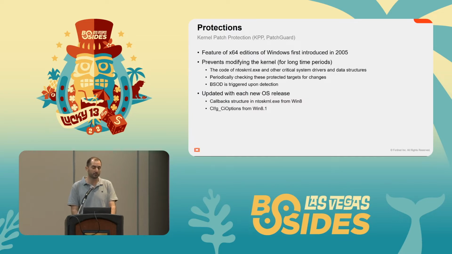Once it detects some change, it will cause a blue screen, and that will make the system stop. But with every new release of Windows, it's being improved. And from Windows 8, it started protecting code integrity and driver signing enforcement.